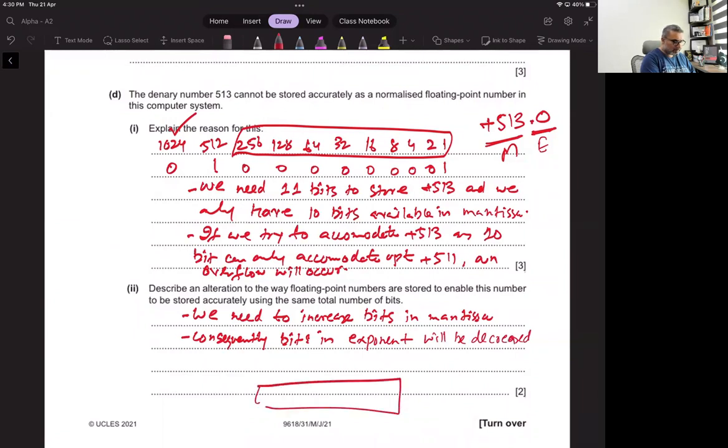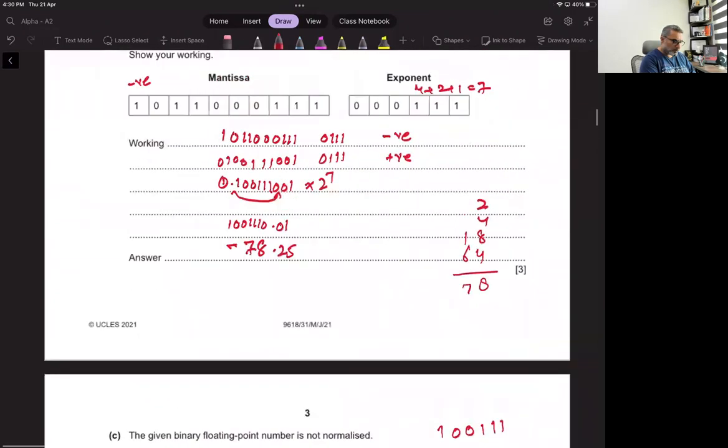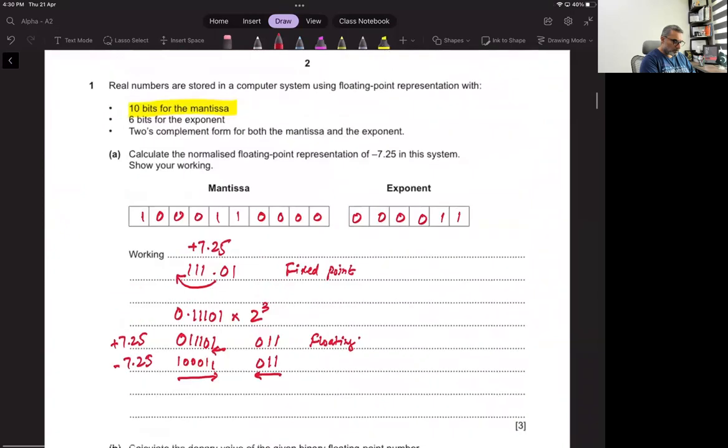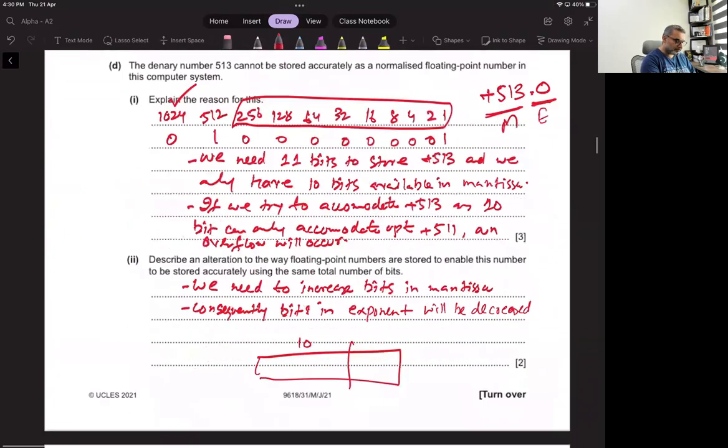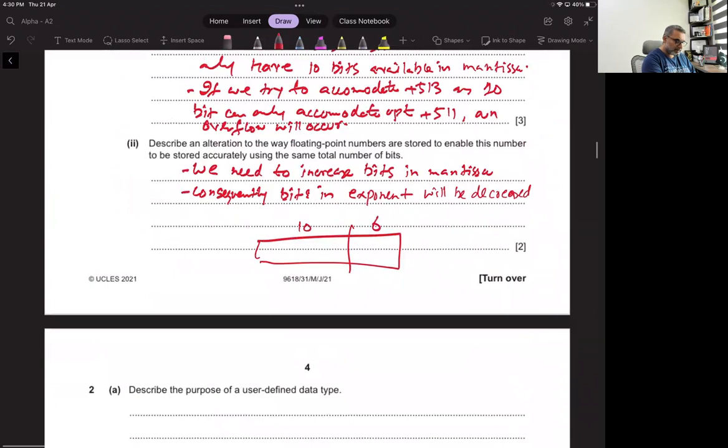What does that mean? You have 10 bits here and 6 bits there. We will move this slider a little towards the right side. So that will give us one more space. So this will be 5 and this will be 11.